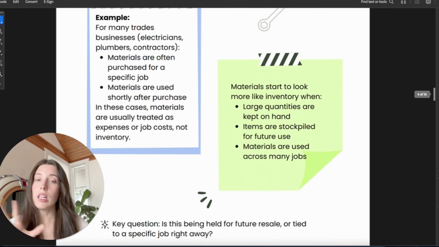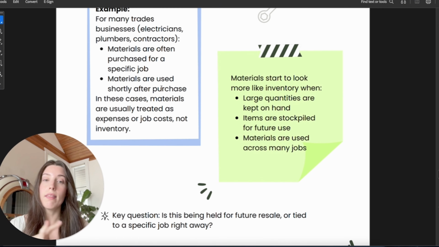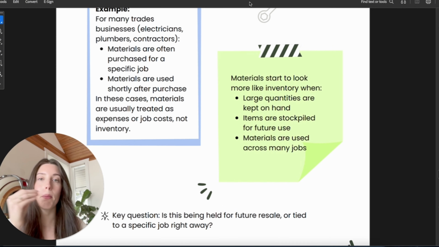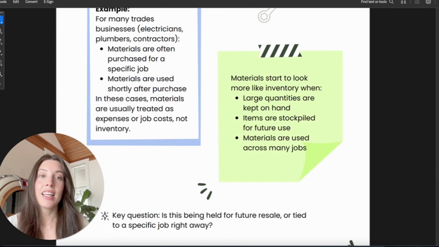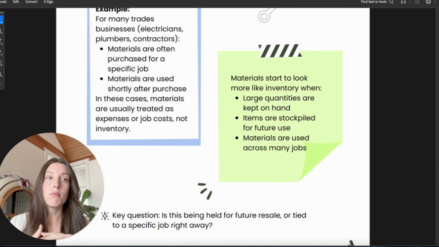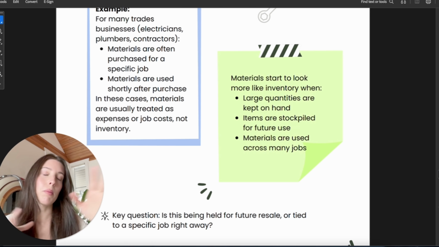Materials start to look a little bit more like inventory when the business is holding large quantities on hand, stockpiling items, or using the same materials across many jobs. So think of an electrician buying spools and spools of wire, and that wire is going to be used across multiple jobs, then it might be inventory.